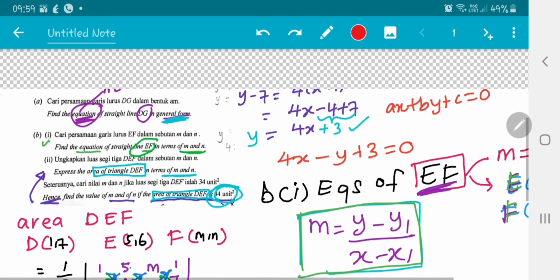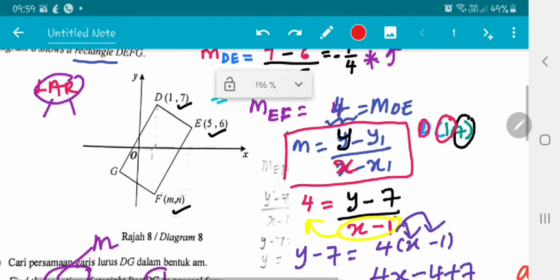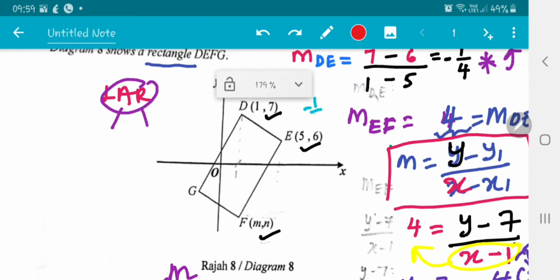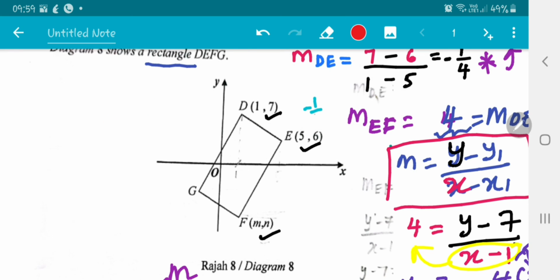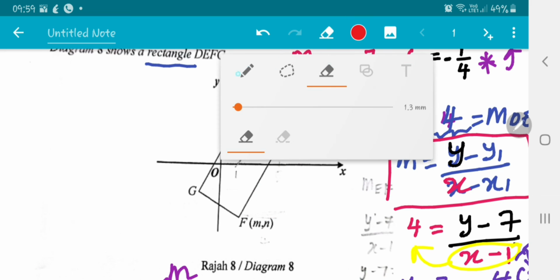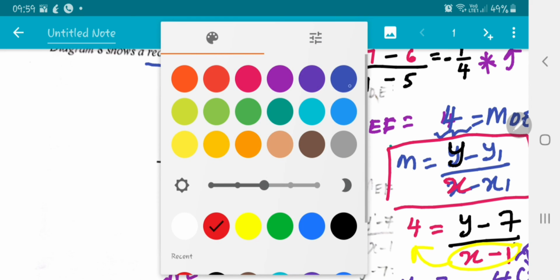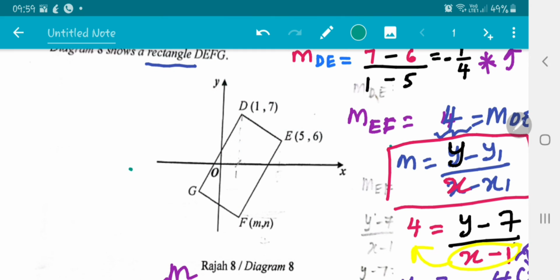Kalau area itu, benda dalam this value, either dia positif atau negatif, it depends on point tadi yang you pakai, either is it arranged in clockwise or anti-clockwise direction. Okay, lagi sekali. Kita tadi cari area DEF, given area 34.